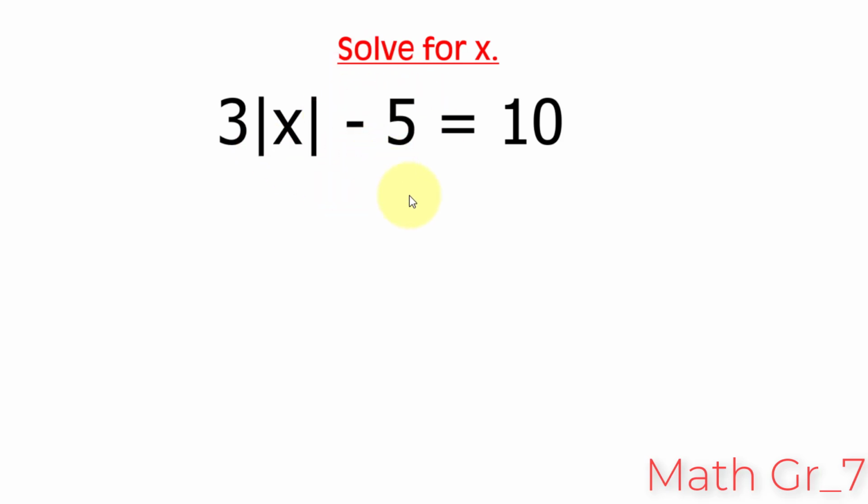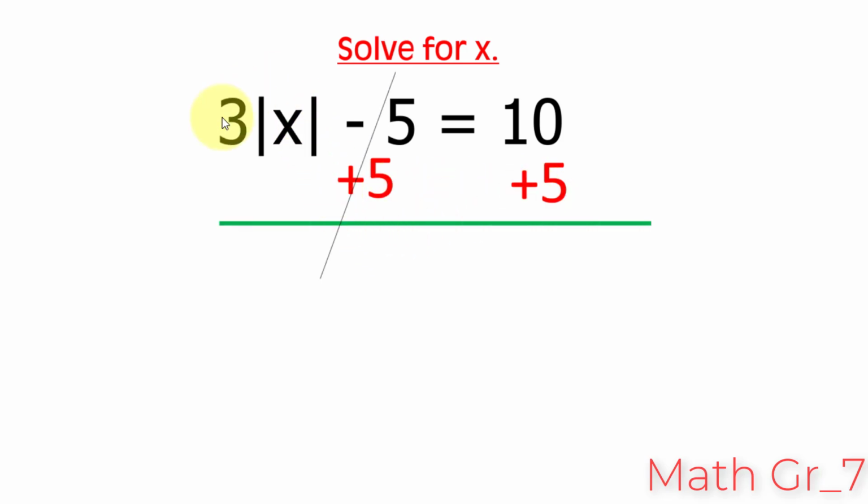How do we cancel minus 5? We will use the inverse operation. The inverse operation of subtraction is addition. Just add 5 to both sides. Then cancel, so we get at the left 3 absolute value of x. At the right, 10 plus 5 equals 15.